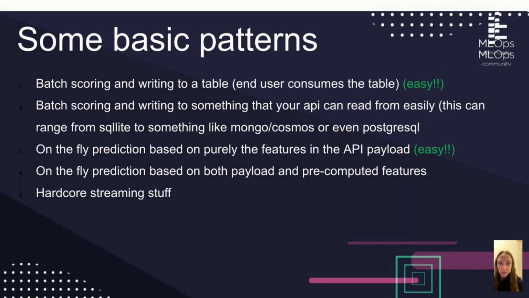The problem comes in, and that's the nice one, right? But often this isn't the case, and you have additional historical or slower moving features, or features that you have to get from somewhere else. That means you get some of the features in your payload, but the rest you have to get from somewhere else. When you have to get it from somewhere else, there are typically data engineering jobs that will get it to the place you need to read it from.